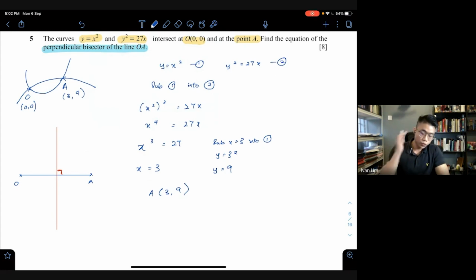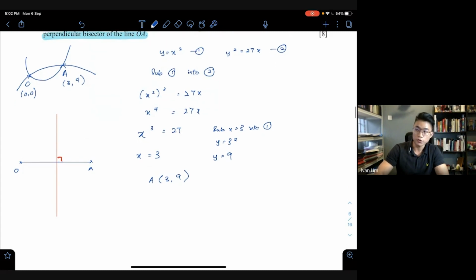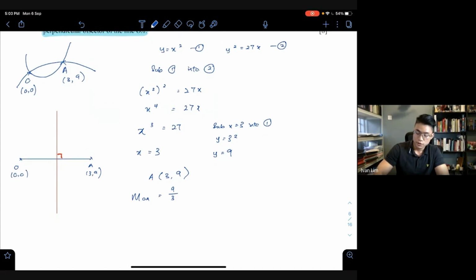All right, so what we want to do here, we find the gradient of OA first. We know here is (0, 0), here is (3, 9). Gradient of OA will be 9 minus 0 over 3 minus 0. So 9 over 3. Your perpendicular gradient will be m1 times m2 equals -1. Or you can just put a negative sign, then you invert your numerator and denominator.